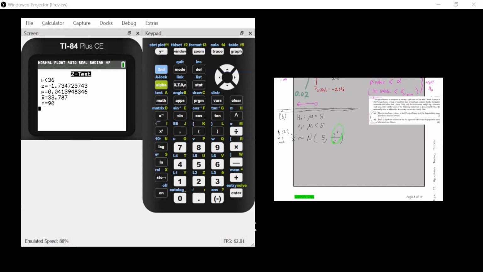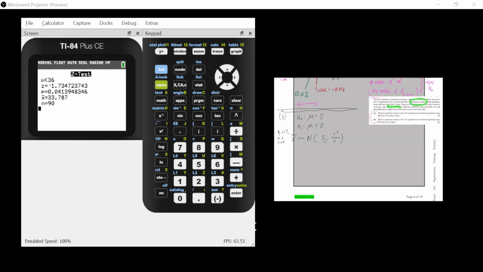What we do know is that in a test at the 5% significance level, we found that there is significant evidence that the mean time is less than 5 hours, which means what?